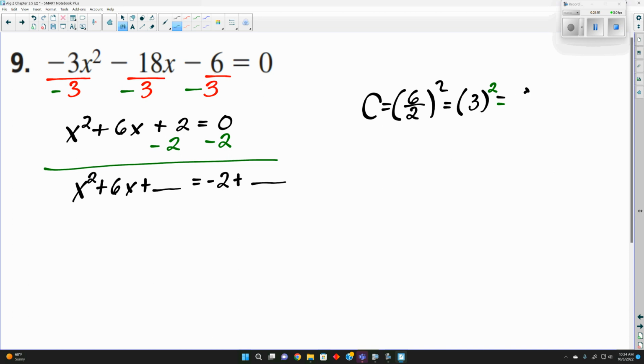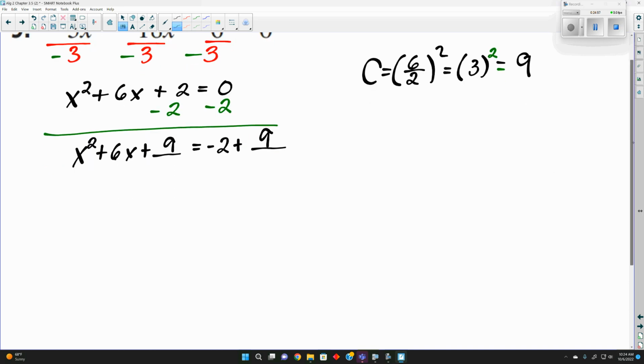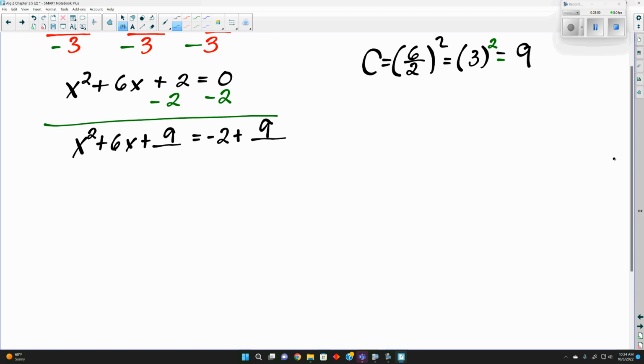And 3 squared is 9. So we will have x inside those parentheses, and then plus 3. x plus 3 squared equals 7.